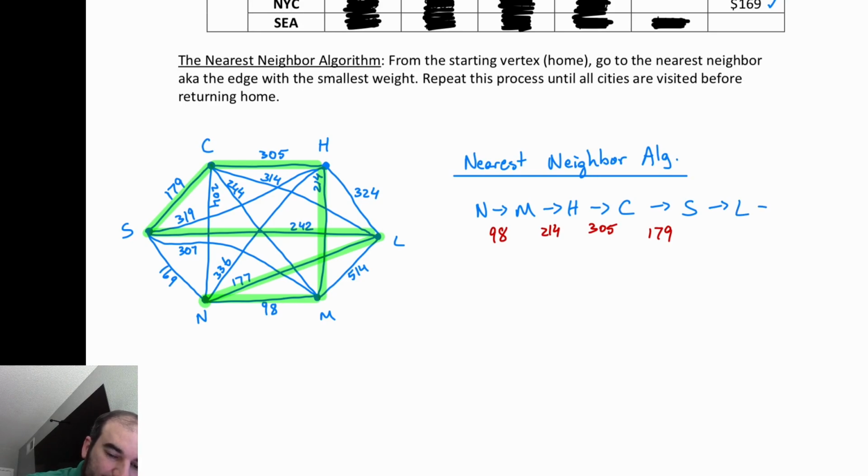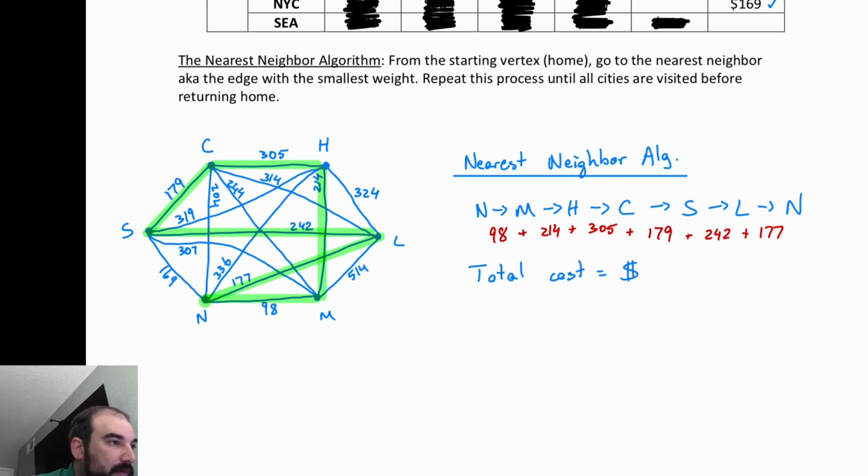So we have to go to LAX and then return to New York City, and the prices for those flights are $242 and $177. So we would add all of these up to give us a total weight or total cost in dollars.